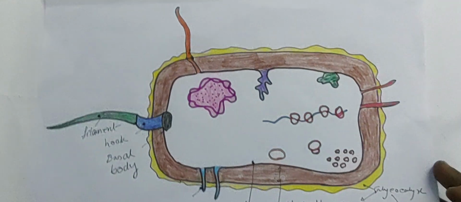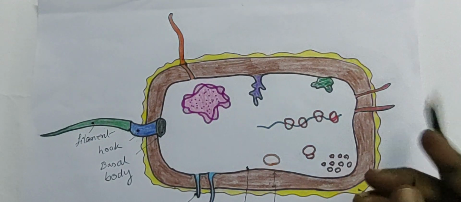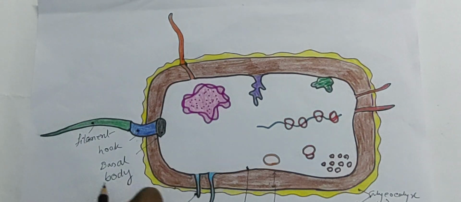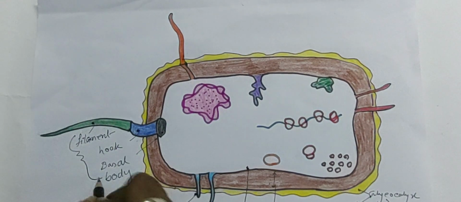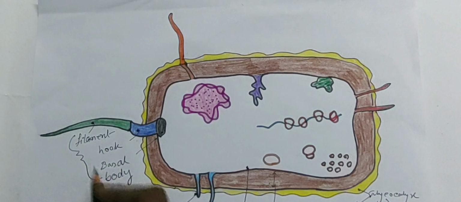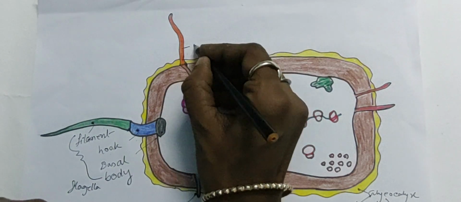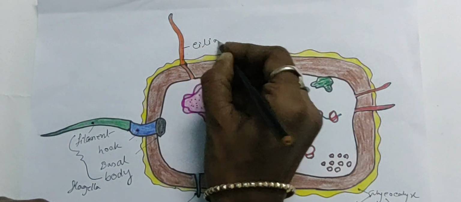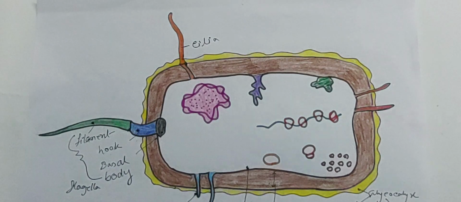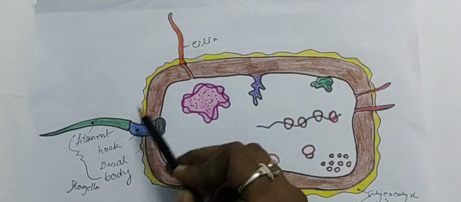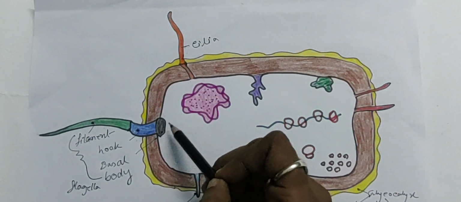This is cilia and this is flagella. These three parts, filament, hook and basal body, come under the flagella. Cilia and flagella, these two are locomotory organs.